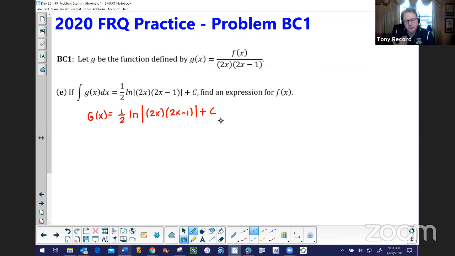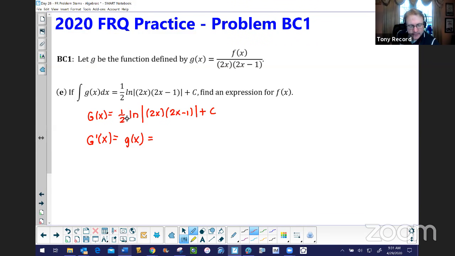If I think about this integration of little g of x, I might want to consider taking the derivative of this expression. The derivative of capital G of x is equivalent to the lowercase g of x. That's the relationship that exists between derivatives and antiderivatives.